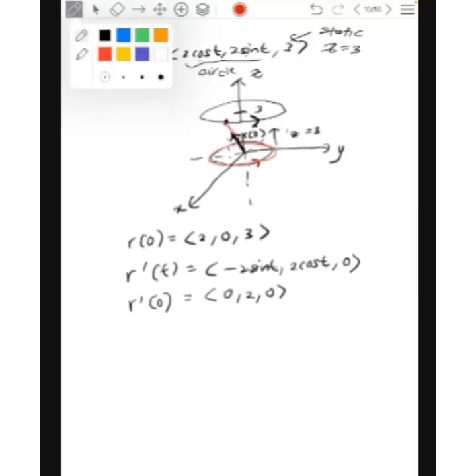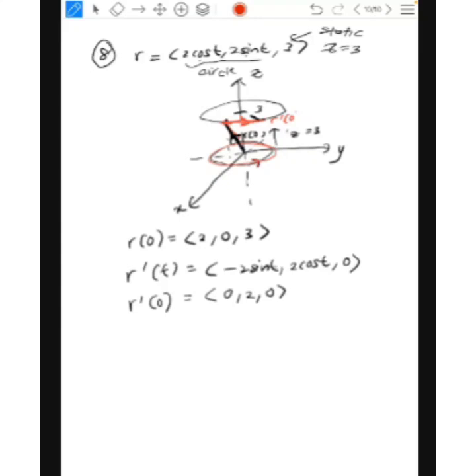This one should be the black one, and then it goes in the positive y-axis direction, just a straight line. So this is R prime 0.